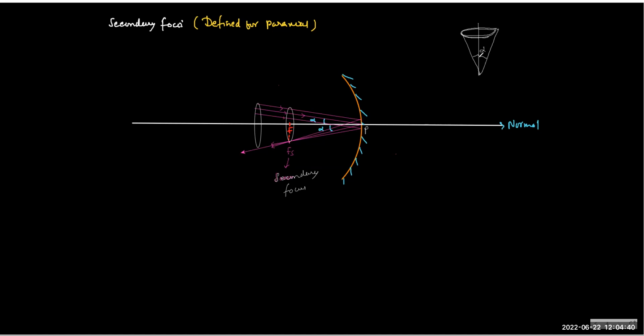So the focus can be anywhere around the axis in 360 degrees, and therefore it defines something called the focal plane. So there is a concept of focal plane. And what is the focal plane? It is the plane which contains all such secondary foci. The focal plane is always normal to the principal axis.